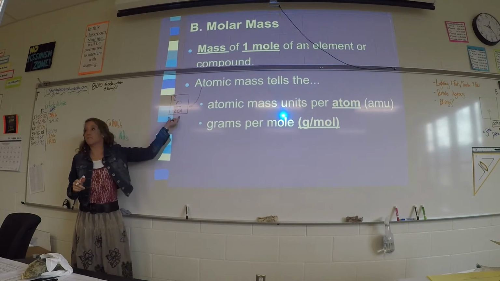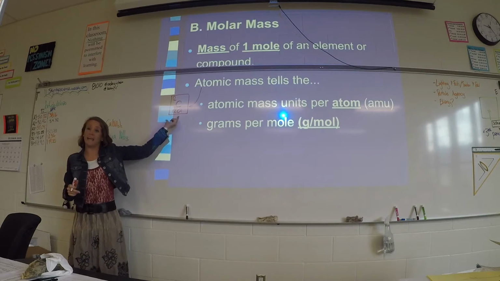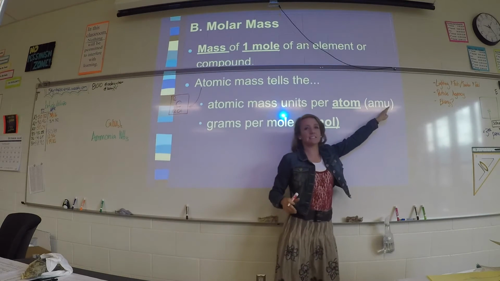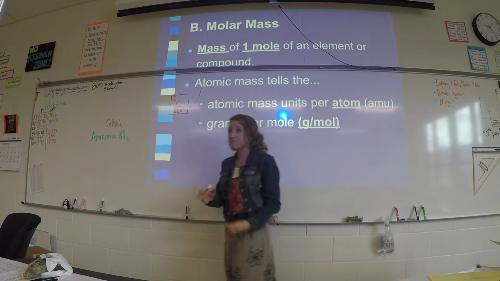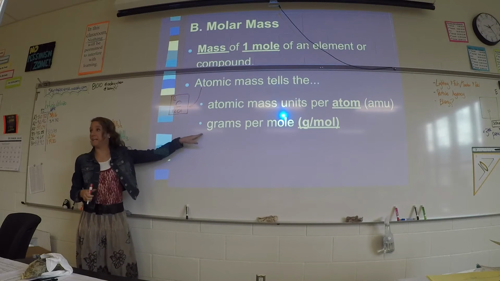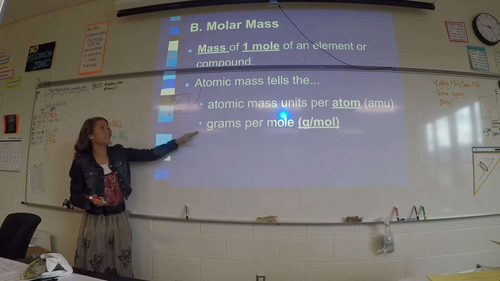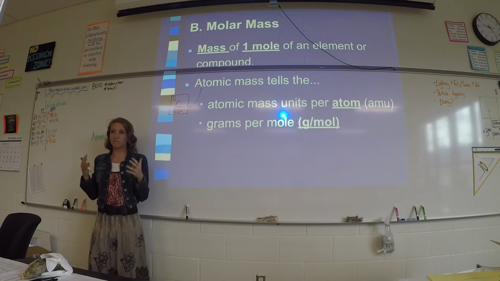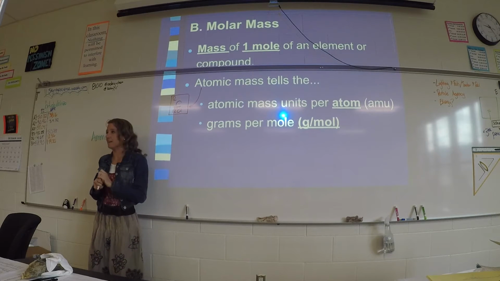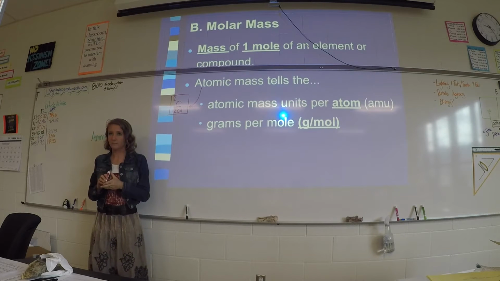So an atom of carbon is 12.01 AMUs, because that's the unit for a single atom, but a mole of carbon is 12.01 grams. So this molar mass is proportionate to the atomic mass, and we find it simply on the periodic table.